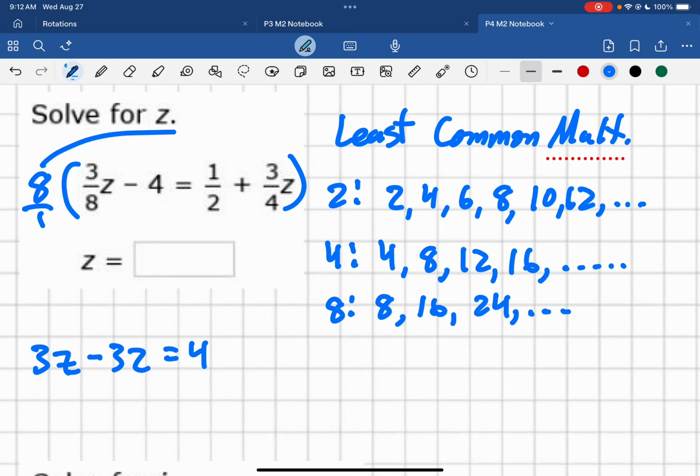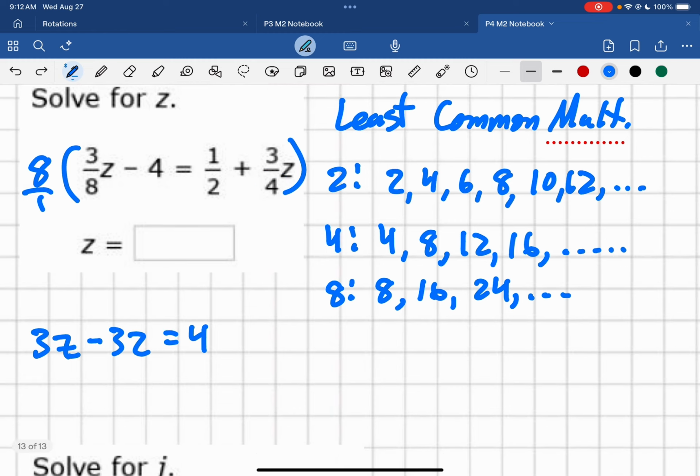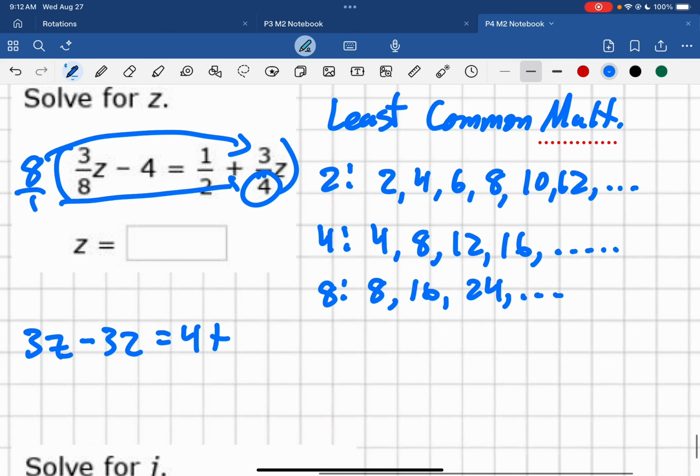And then the last one, you see the 4 on the bottom? There is cross-canceling, so if you know how to cross-cancel, don't be shy. So I get plus 3 times 8, and then 1 times 4. That would be 24 over 4.